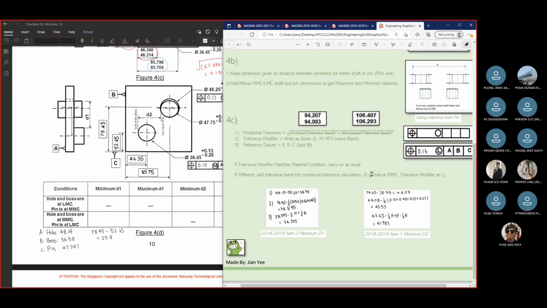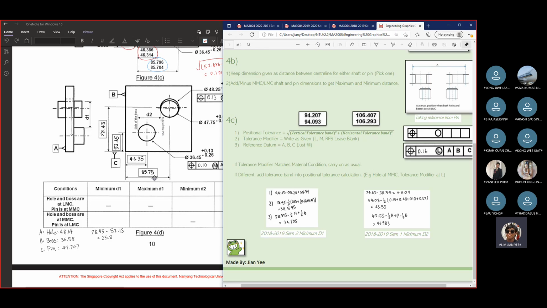As you can see here, hole at MMC, tolerance modifier at L. What does that mean? Let me write down the equation first. If you're not sure, you can refer to the 2018-2019 Sem 2 minimum D1. This is the 2019-2020 Sem 2, one year after, so it's kind of the same.